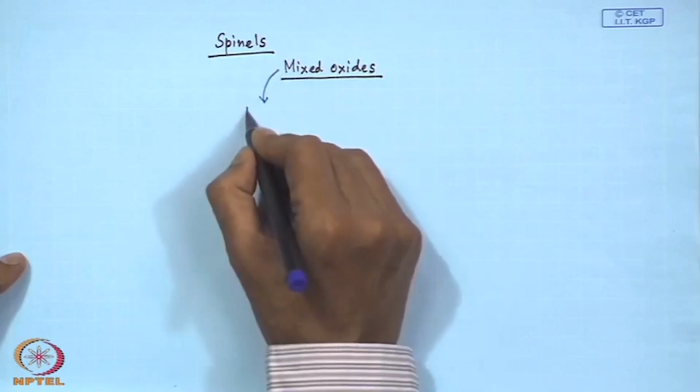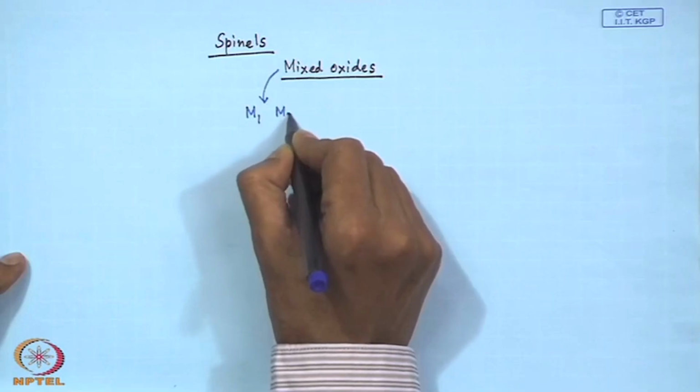That means, we have metal ion M1 and metal ion M2.